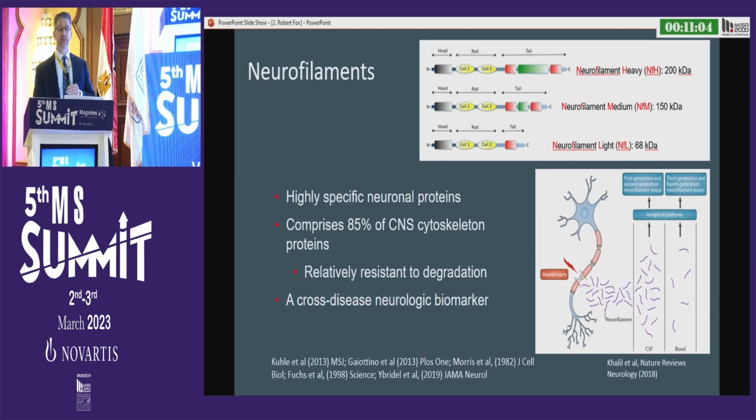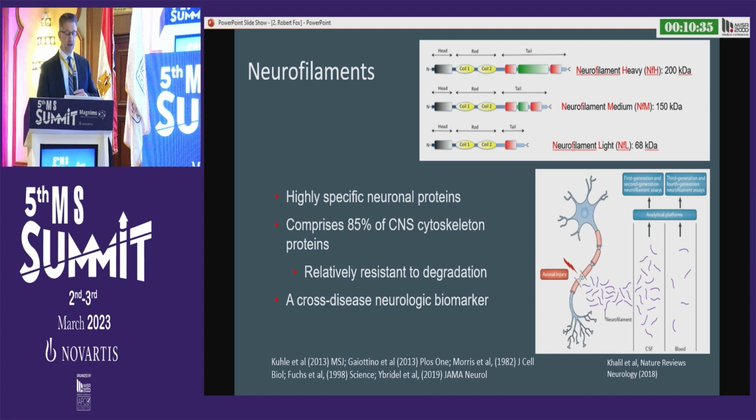These are highly specific neuronal proteins, both central nervous system and peripheral nervous system. They comprise 85% of the CNS cytoskeleton protein, so they are the bulk of the steel girders within neurons that hold them and establish their size and shape. They're relatively resistant to degradation, which is good, so that when they spill out into the CSF and eventually into the serum and plasma, they are easy to measure.